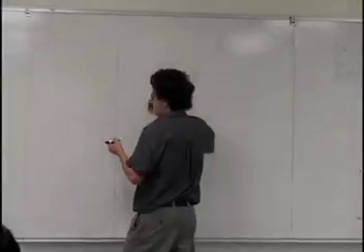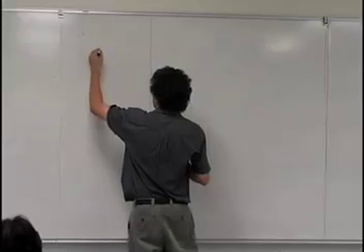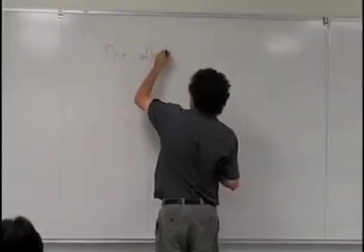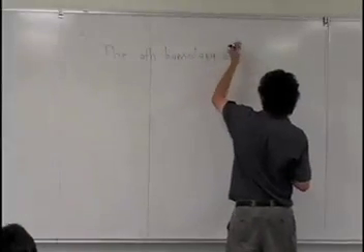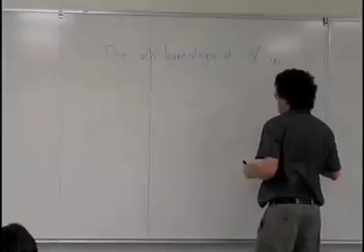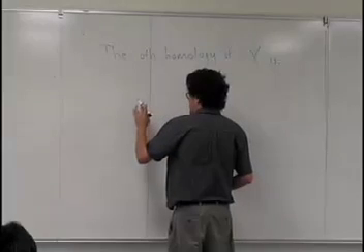So here's the zeroth homology of a groupoid. The zeroth homology of our groupoid X is, I want to be really careful with this one.